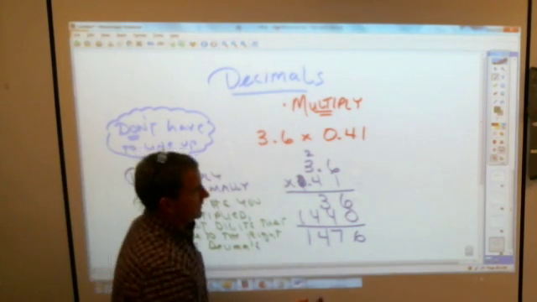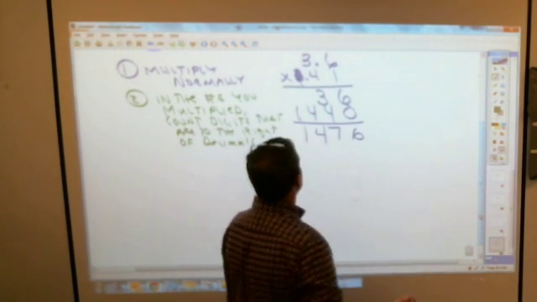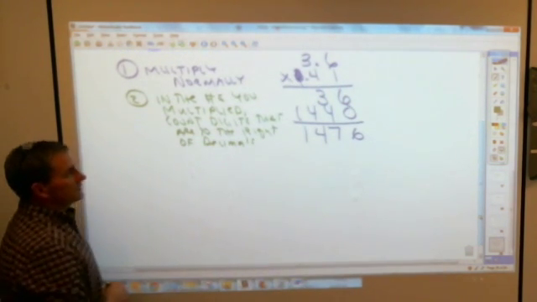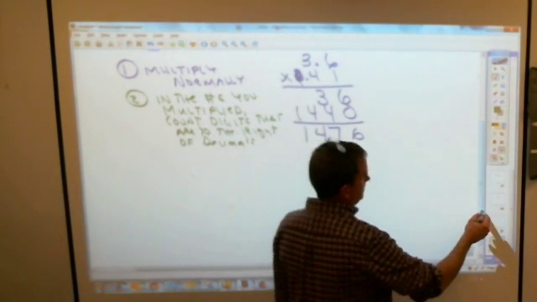I'll give you a chance to write that and go a little slower. Count the digits that are to the right of the decimals.